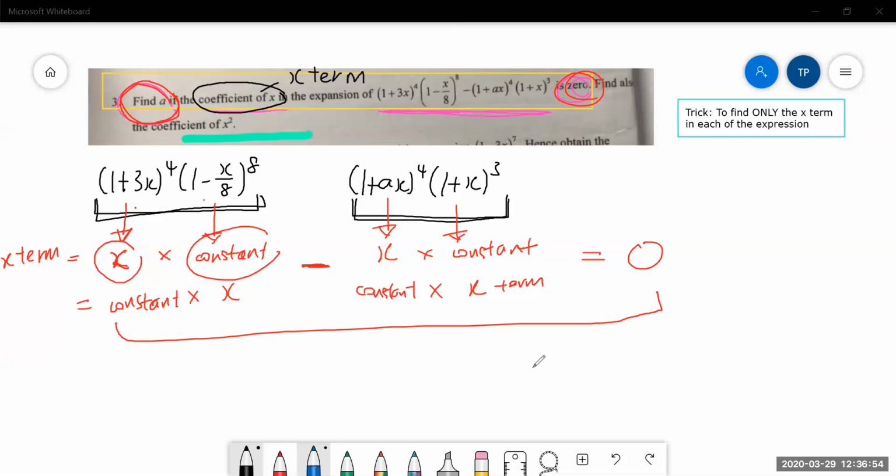So the crucial formula to use is this formula, or could be the other way around.